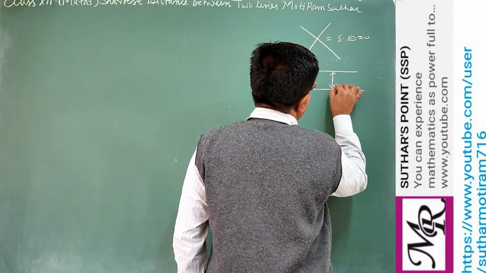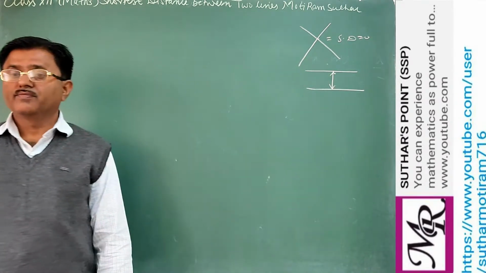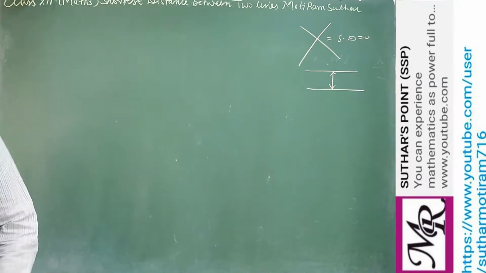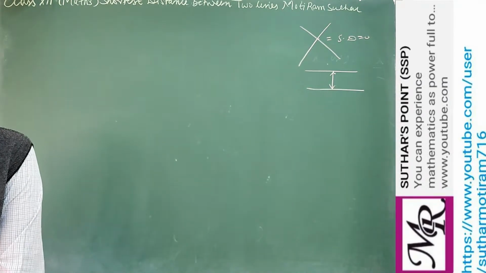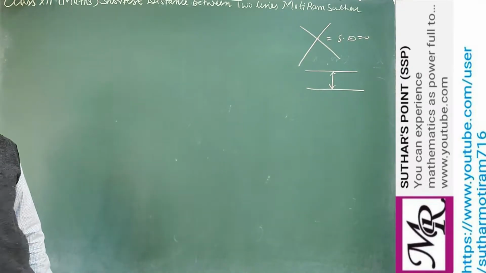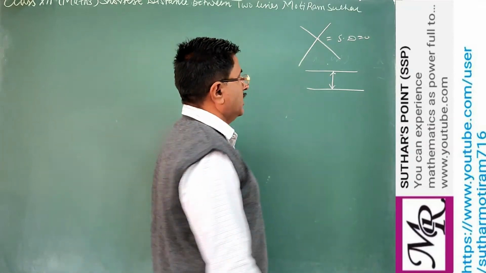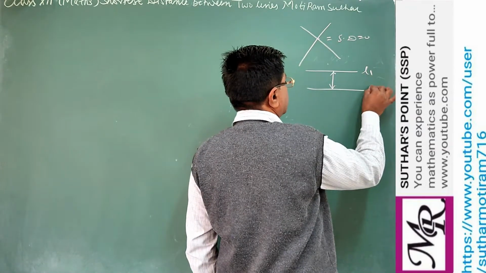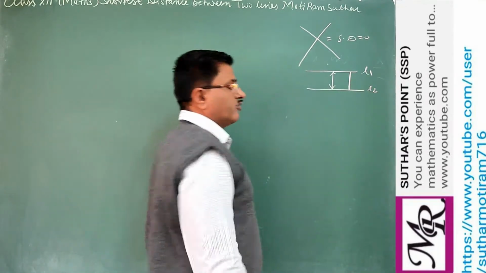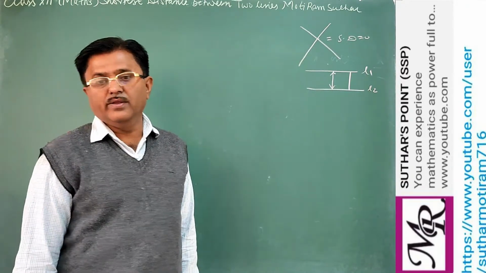These are parallel lines. Clear? So if two lines are parallel, then we can say the shortest distance between them will be the perpendicular distance. If you want to find the shortest distance between two parallel lines, then we draw a perpendicular from any one line to the other.